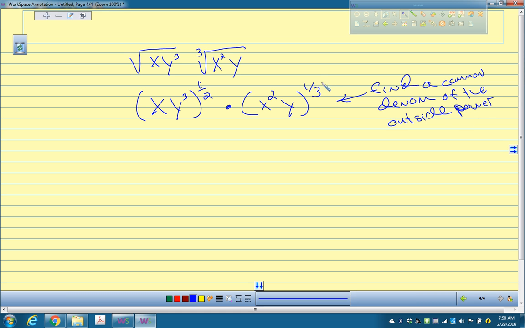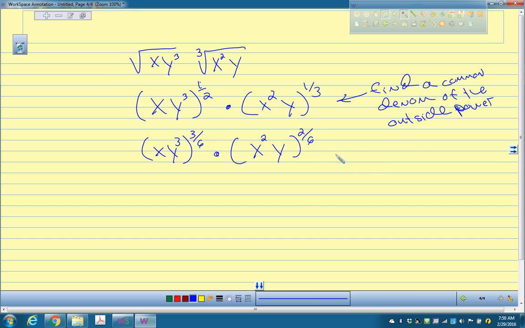What's the common denominator between 1/2 and 1/3? 6. So I'm going to rewrite this as xy cubed to the how many sixths? 3/6, because 1/2 is the same as 3/6. Times x squared y to the how many sixths? 2/6, because 1/3 is 2/6.